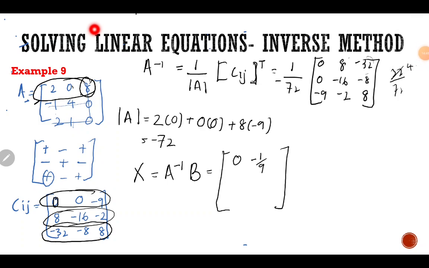Okey, yang ni 32, 4, 72 pula bagi dengan 8 dapat 9. 32 bagi dengan 8 dapat 4. So this one will be 4/9. Kosong bagi 72 is still kosong. 16 bagi 72, 16 bagi dengan 8 dapat 2.